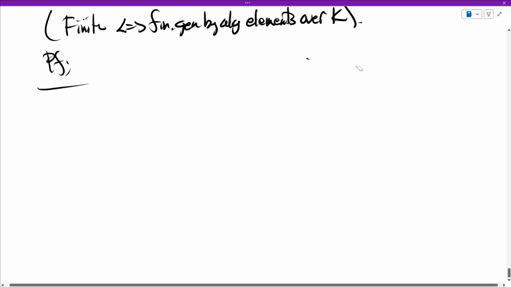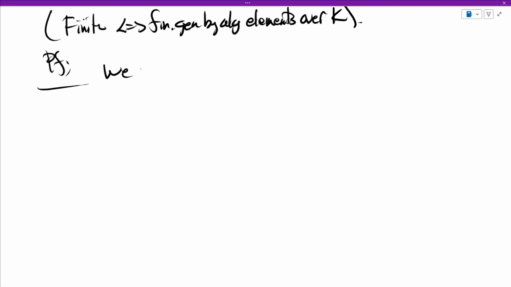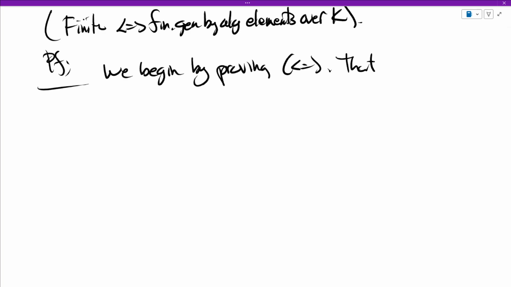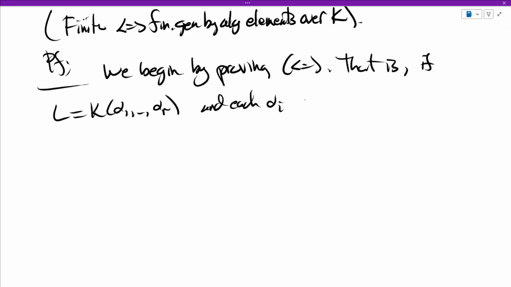Actually, let me be a little more clear. We're going to show the backwards direction, that is, if L is K(alpha 1, ..., alpha R), and each alpha I is algebraic over K, then L over K is finite.